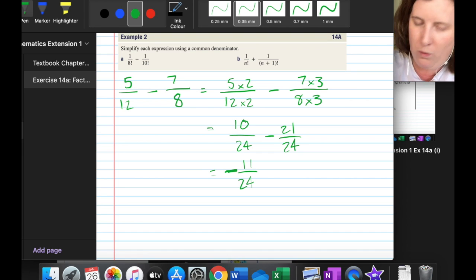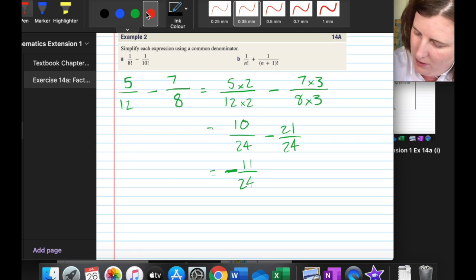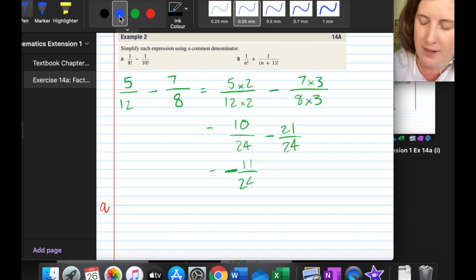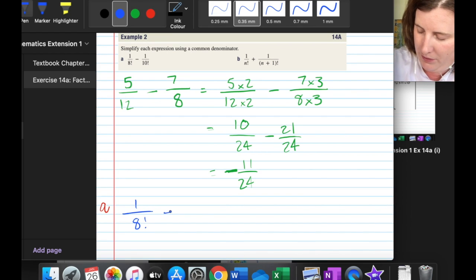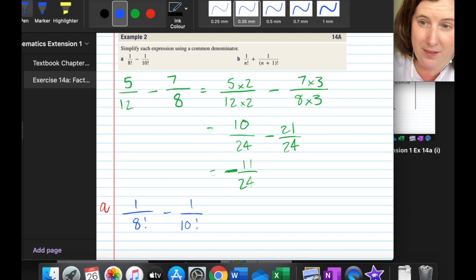So, we've got 1 over 8 factorial minus 1 over 10 factorial. Now, 8 factorial actually already goes into 10 factorial. So I'm going to rewrite these as both products of 8 factorial.